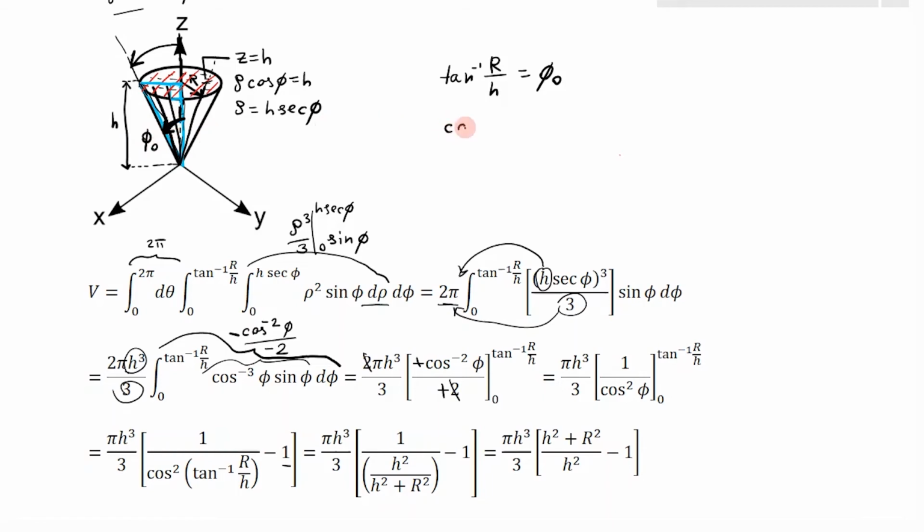Now cosine of phi naught, or cosine of tan inverse r over h, is given by, using this cyan triangle, h, the adjacent, over the hypotenuse. So h over the square root of h squared plus r squared. But we don't have just cosine, we have cosine squared. So we need to square this guy, and we will get h squared over h squared plus r squared.